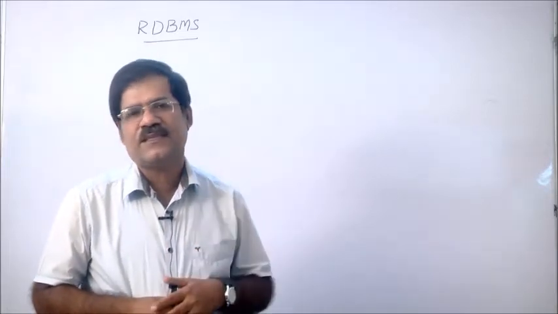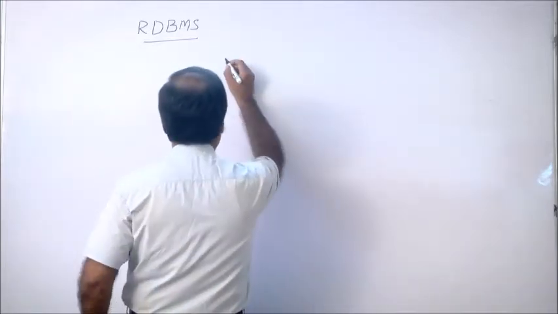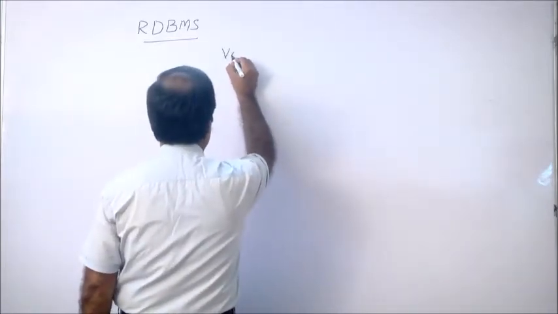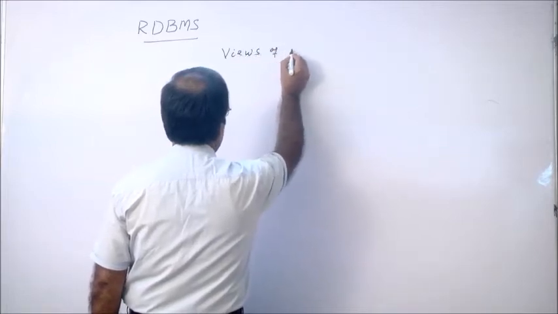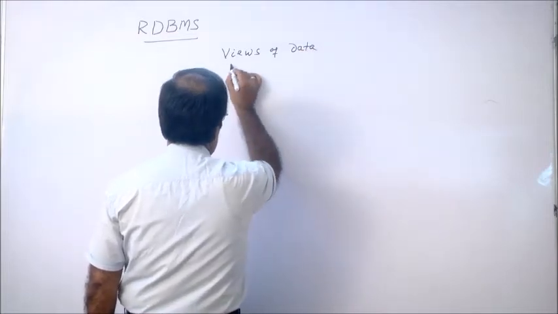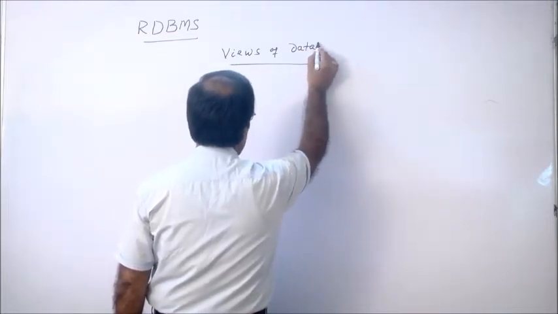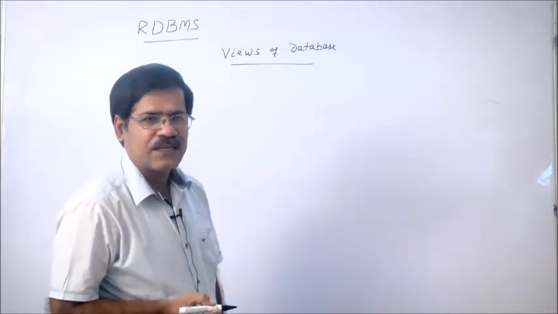The top level is just an overview. Views of data, or views of database, or three-level architecture.